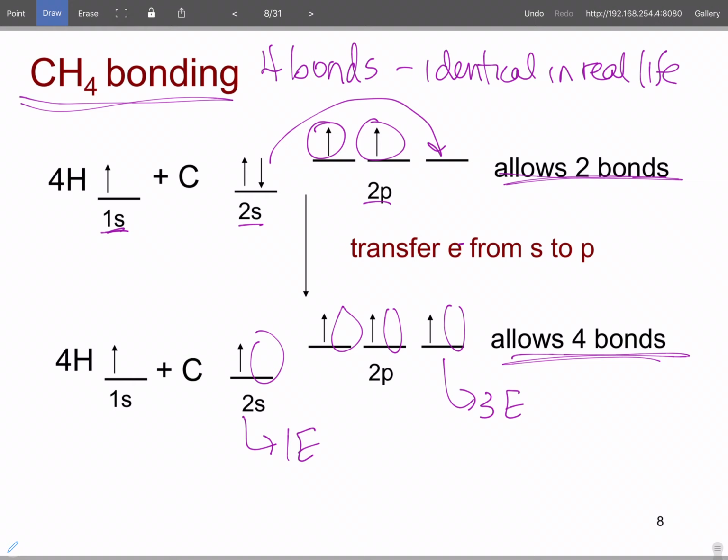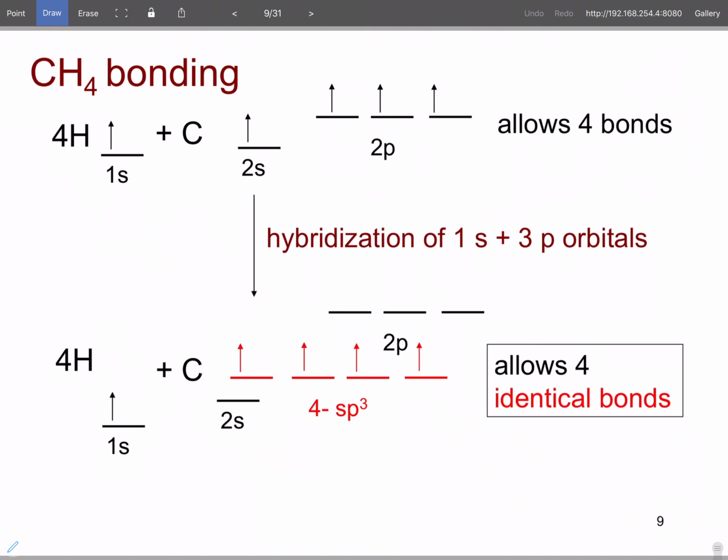So they're not going to be identical energy. And we know that they have to be. So here we go. This is our starting point that allows 4 bonds, but 3 the same energy, 1 different. And we know they have to be identical.